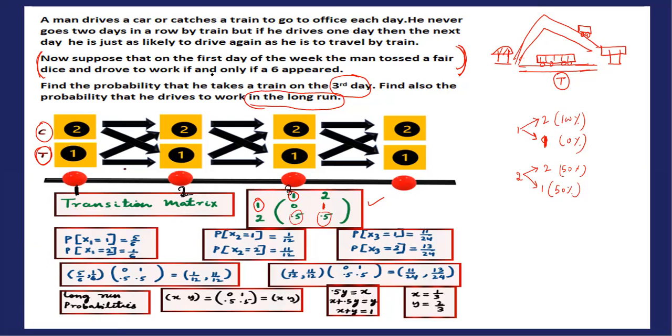So driving by car probability is very less, only 1 by 6. Going by train is 5 by 6. So this is the initial distribution. This is given here.